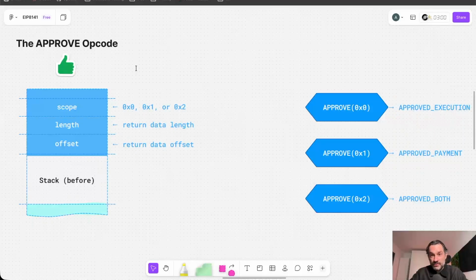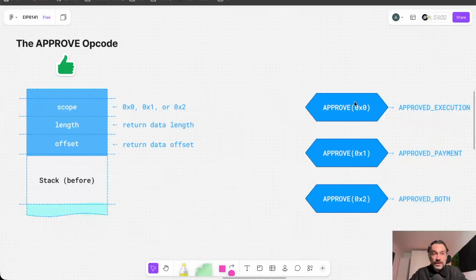Rule 5 is gas fees are collected from the payer when the payment is approved. Rule 6: if payer approved is still false after all frames have executed, the transaction is invalid. So it's not one frame reverted, it's the full transaction reverted.